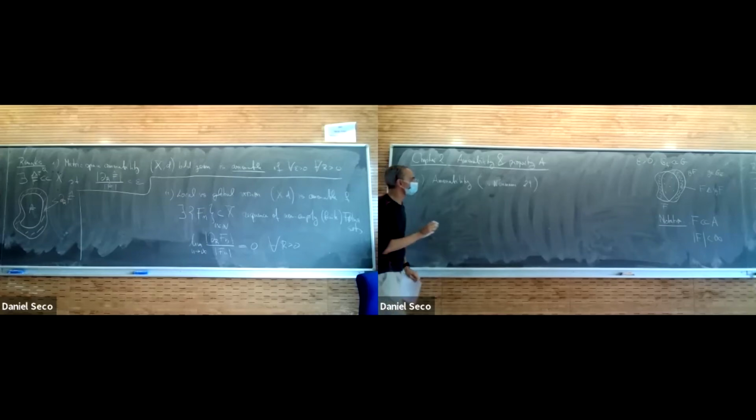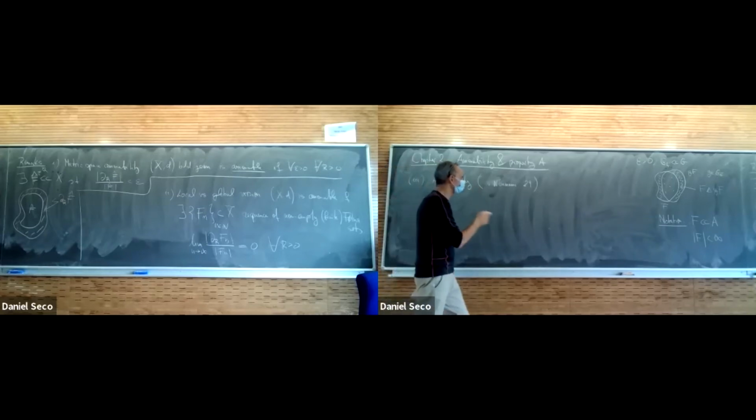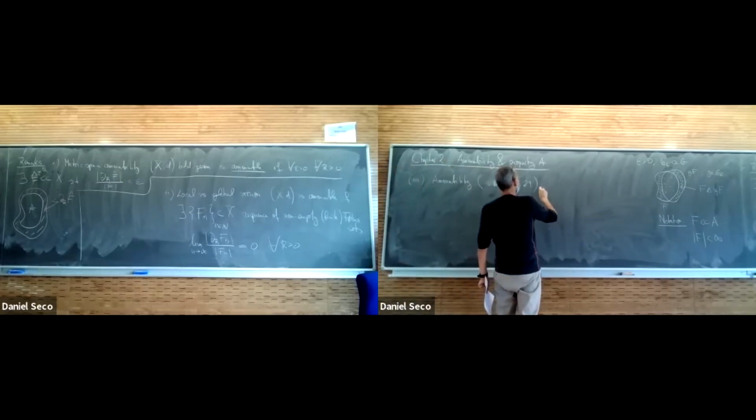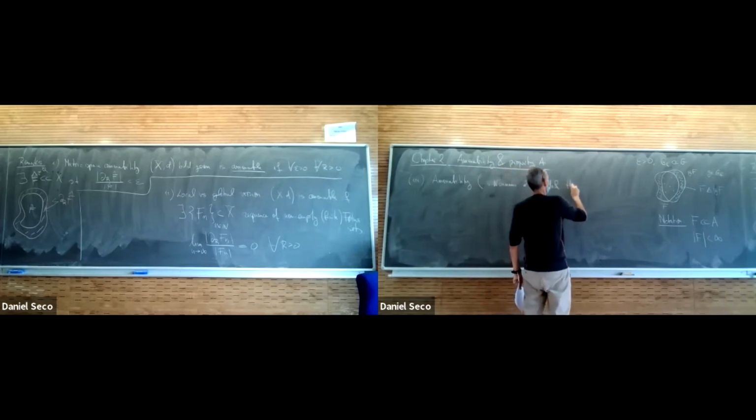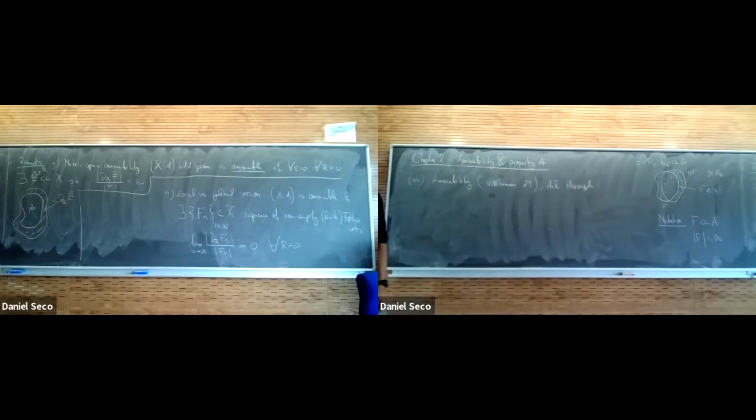So amenability was introduced by von Neumann through the existence of an invariant probability measure mu on the group.